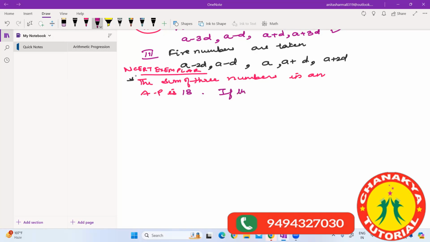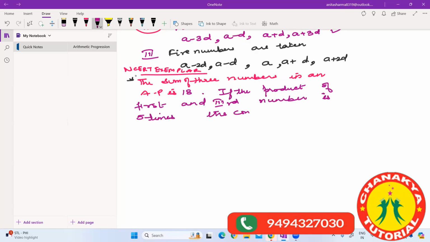If the product of first and third number is 5 times the common difference, then find the three numbers.